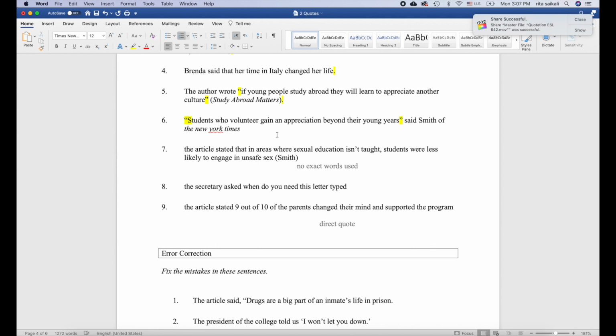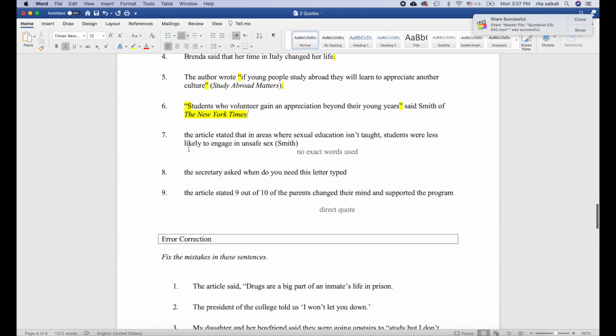And the New York Times is the name of the newspaper, so it has to be capitalized. Again, here we have the beginning of the sentence, so it has to be capitalized, okay? Even though we haven't read the sentence yet, but we know that.